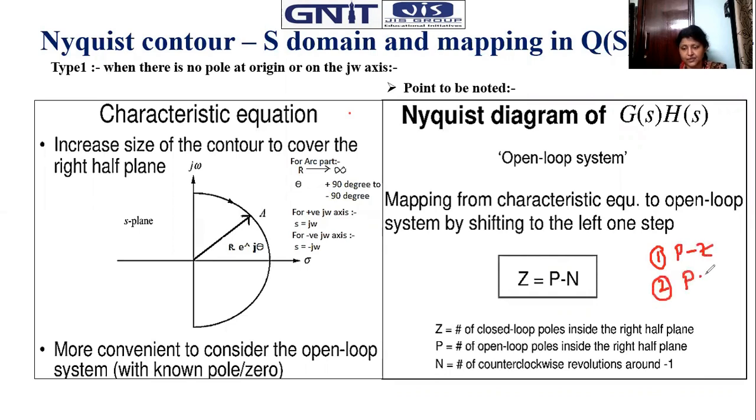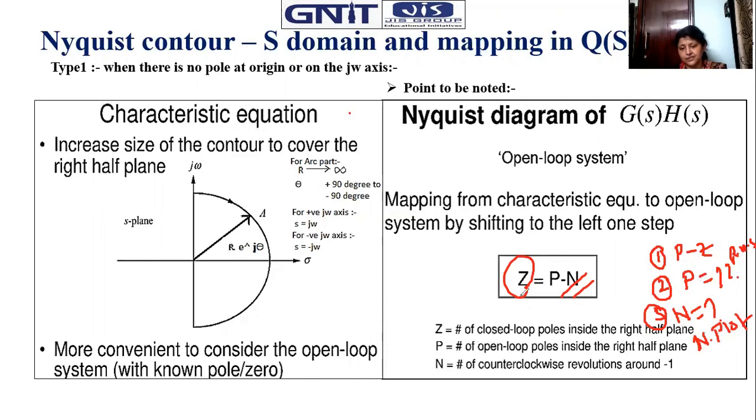Here Cauchy's principle of argument shows P minus Z into 2 pi, that is 2 pi N. And obviously the stability criterion is that the encirclement about the origin in the Fs domain or Q dash domain should be exactly equal to P minus Z to get system stability.